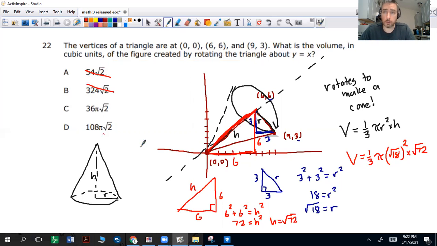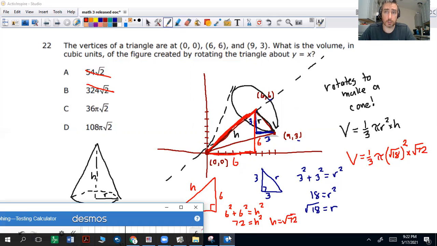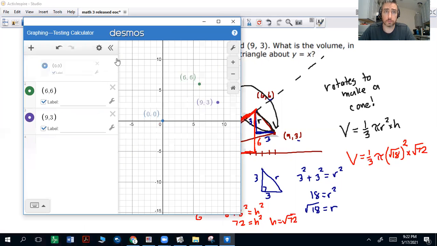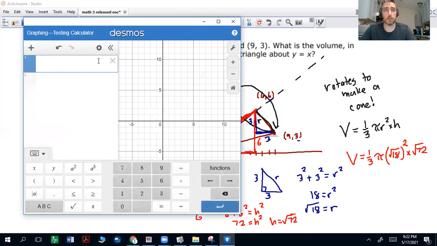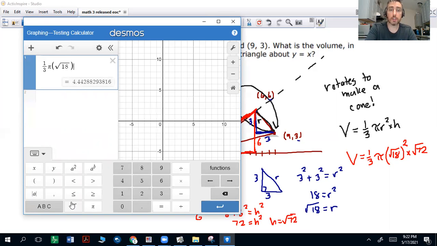Now, if you're not comfortable reducing radicals, you can match up the decimals, which is, I think, the approach I'm going to do with you guys. So I'm going to type in 1/3, hit the right arrow, do pi, parentheses. You can do the square root or type SQRT, 18. Close it up, and then you're going to square that.